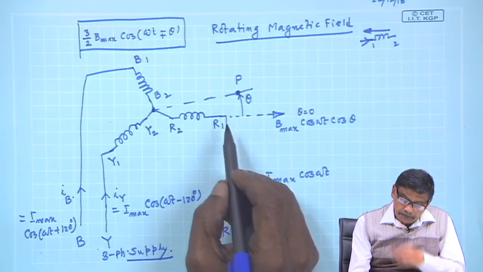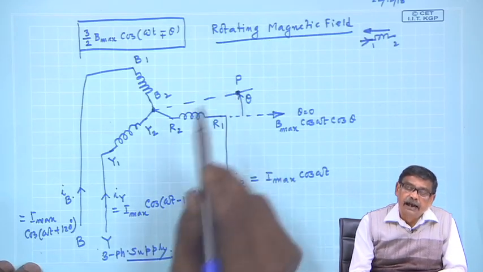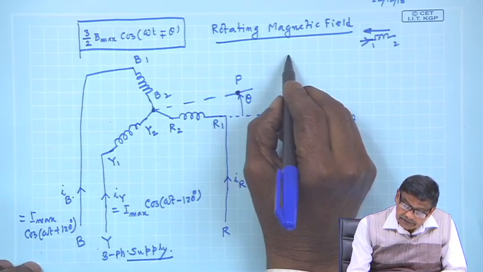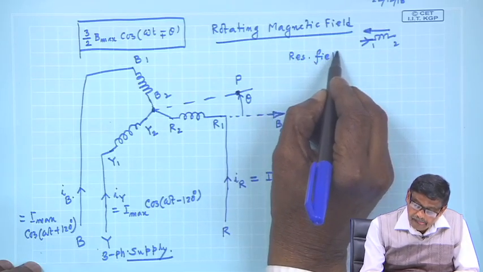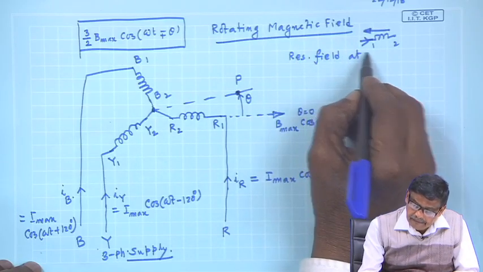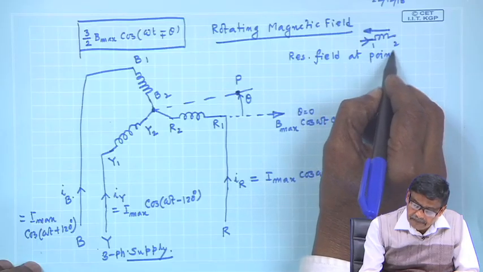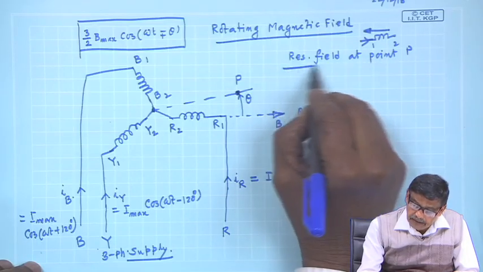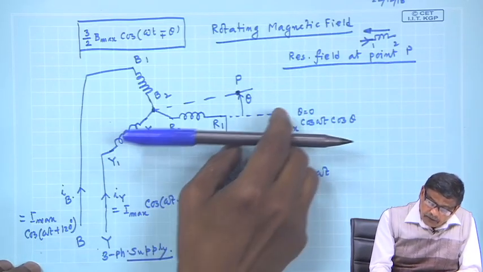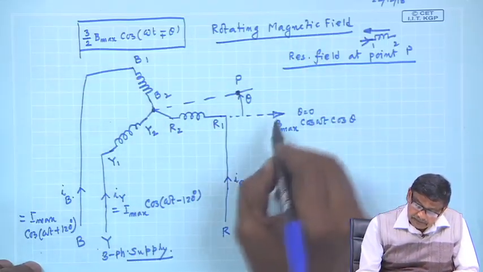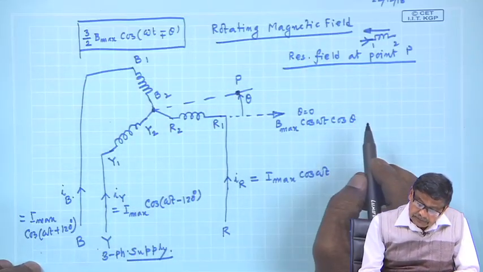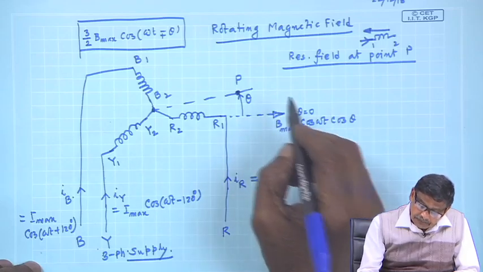Then I want to find out the resultant field at point P, which will be the component of each phase field along this direction at point P.